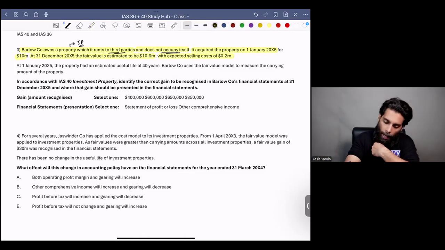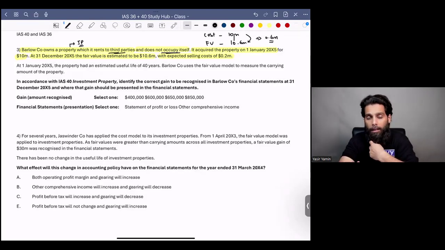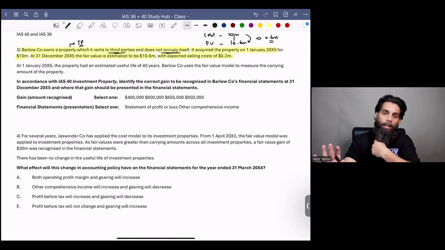Now, you have a property which cost you 10 million, right? It has a fair value and the fair value is 10.6 million. Technically speaking, since the time you have bought it, there is a fair value gain of 0.6 million if you carry this investment property under fair value model.